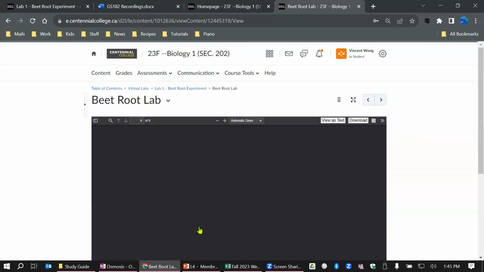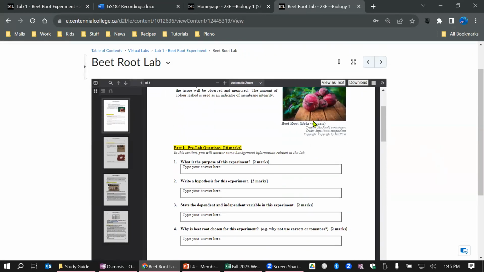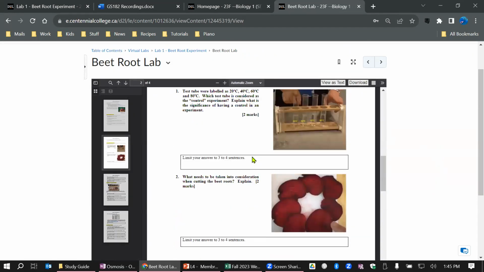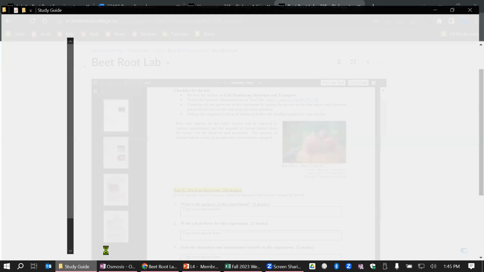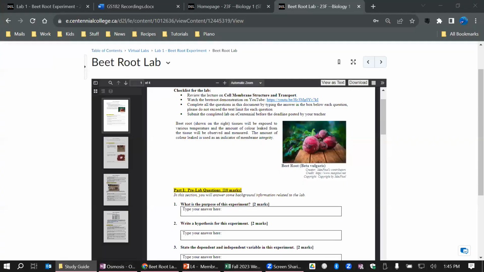So click on the Beetroot lab, and it's a Word document. Now you cannot type in anything right now. That's because you have to download it first. Download a copy onto your computer, and once you have it, you can open it up.